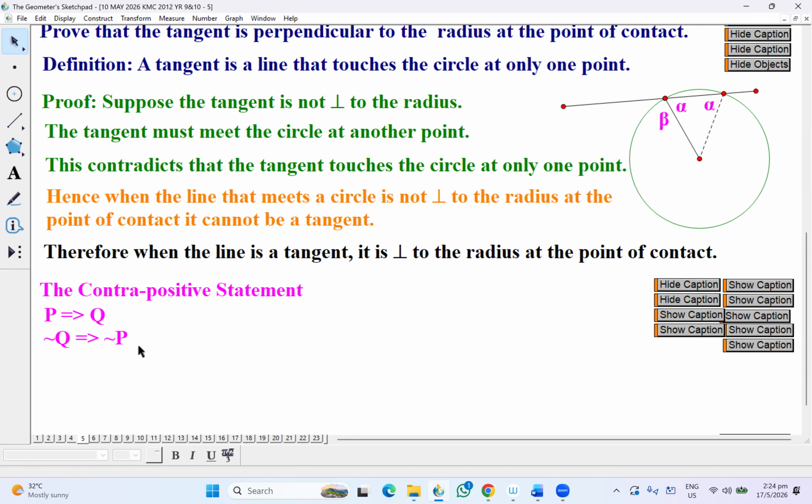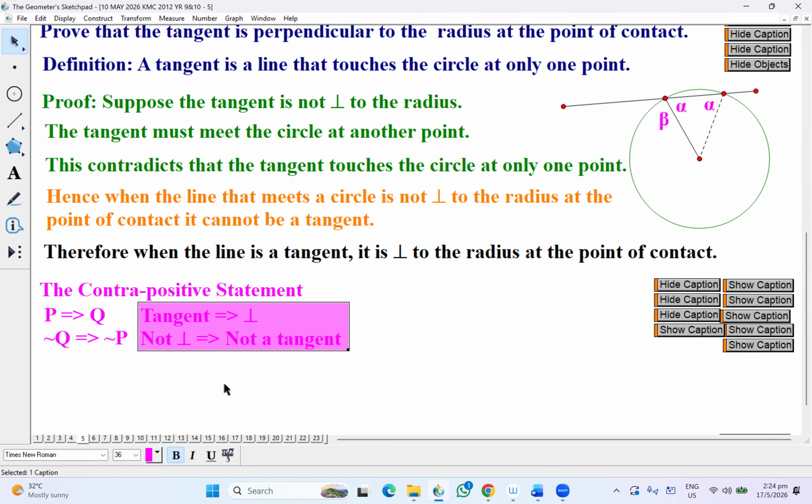If you cannot vote, then you are not over 18 years old. Like that, contrapositive. If tangent, perpendicular. If not perpendicular, then not a tangent. That's what we are doing. You say not perpendicular, is not tangent. Therefore, when tangent, it has to be perpendicular.